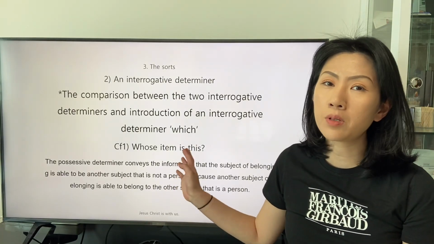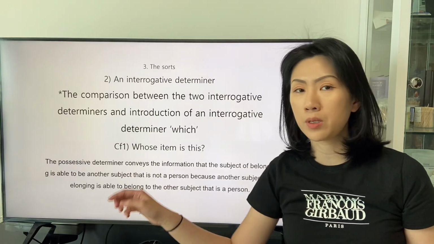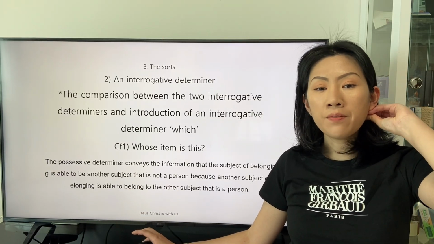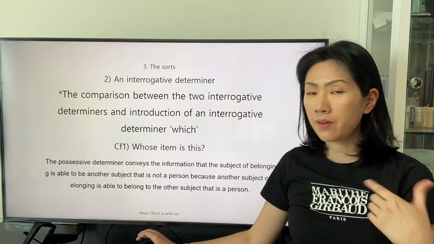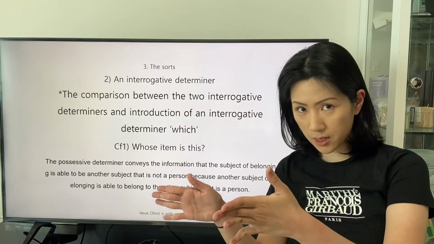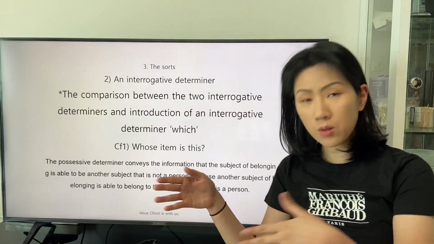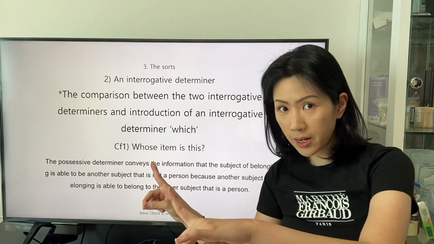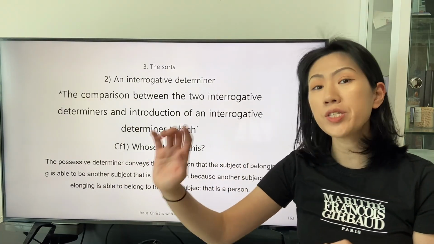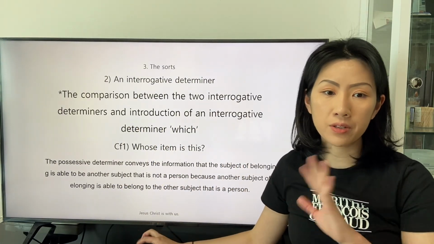This is the explanation about the indirect belonging. Even when an object that is not a person belongs to a subject that is not a person, it's okay, because the subject that is not a person belongs to the other subject who is a person. This is obvious.